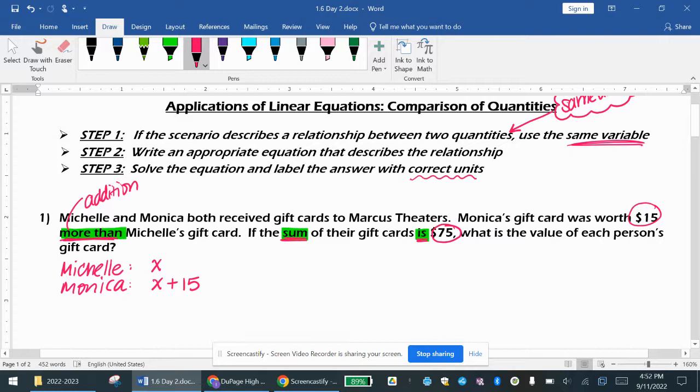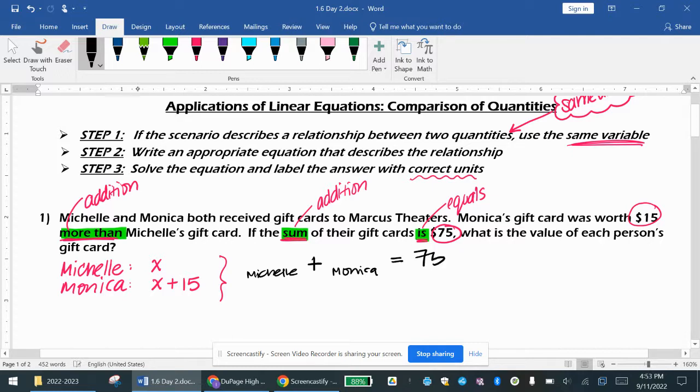A couple other things they said was the sum of their gift cards, plural, is 75. Remember that addition can also be represented with the word sum, and is means equals. Together, the sum of Monica and Michelle's gift cards is 75.